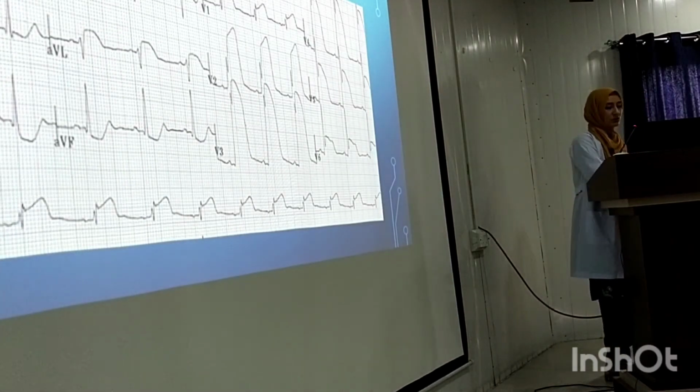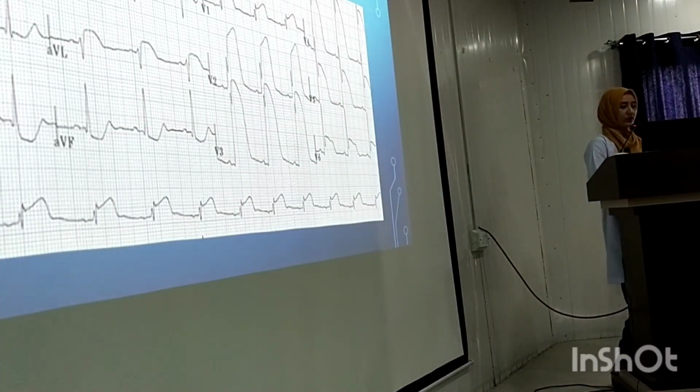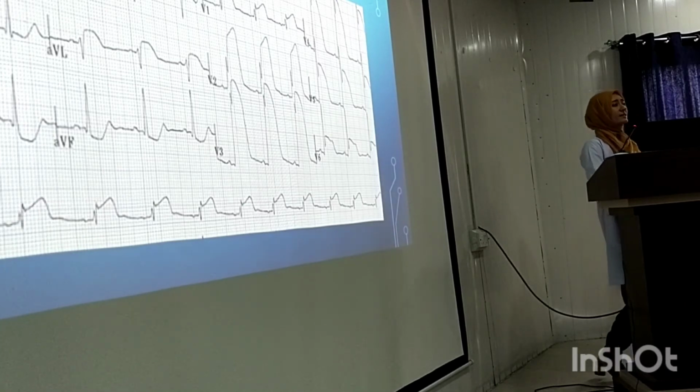So can anybody guess what type of ST elevation this is? Where is the problem? Which leads are involved? Where are the elevations? Yes, chest leads.